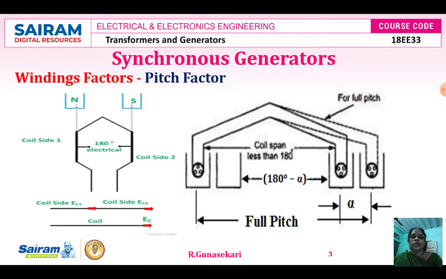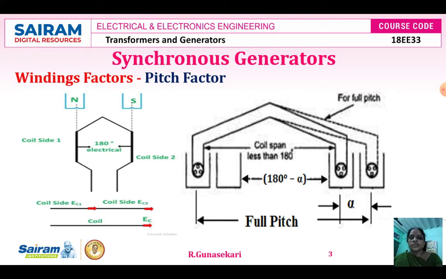Now we can consider the full pitched coil. In the full pitched coil, in the left hand side figure you can see coil side 1 in the middle of the north pole, and coil side 2 at the south pole. The coil is connected from coil side 1 to coil side 2. So the coil span is equal to the pole pitch, that is 180 degrees electrical.